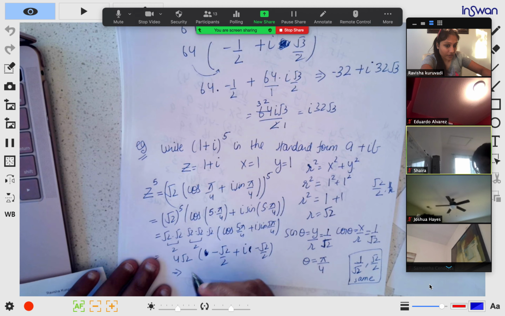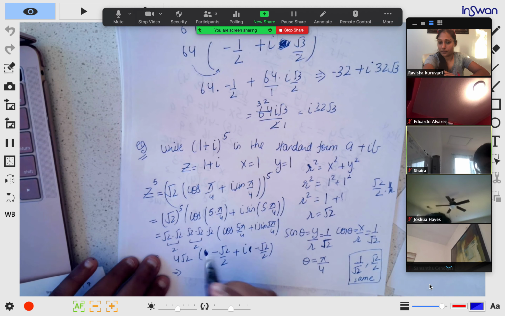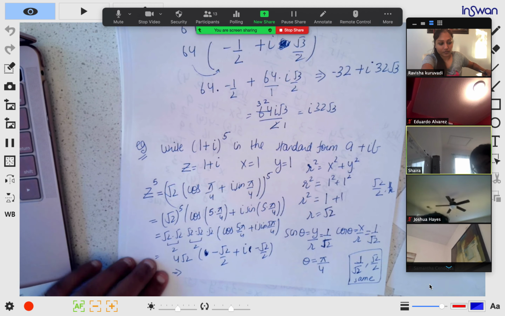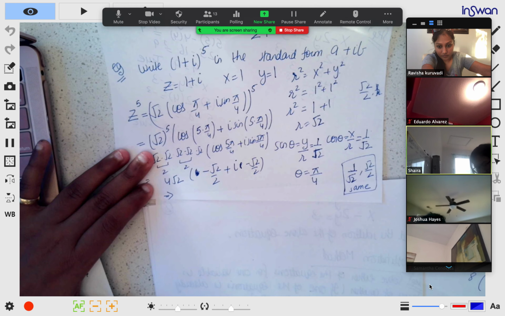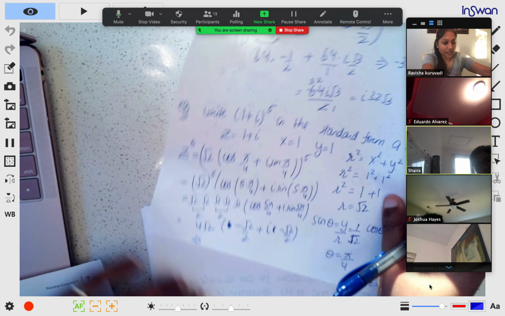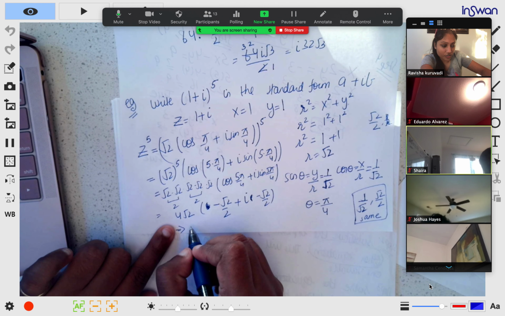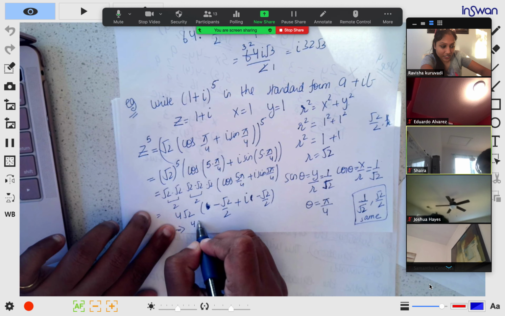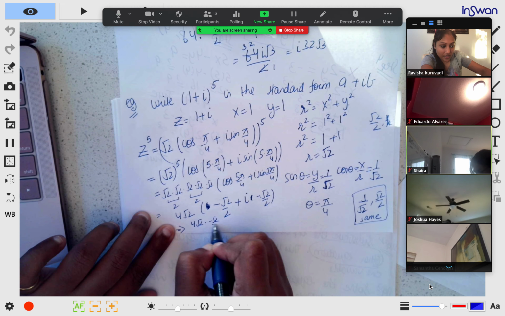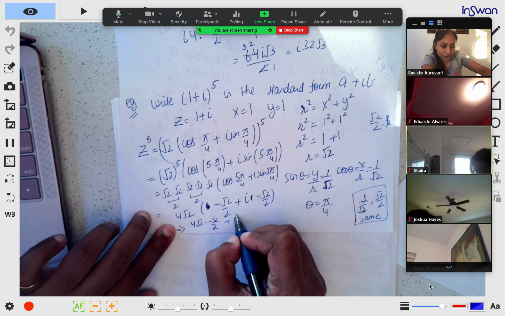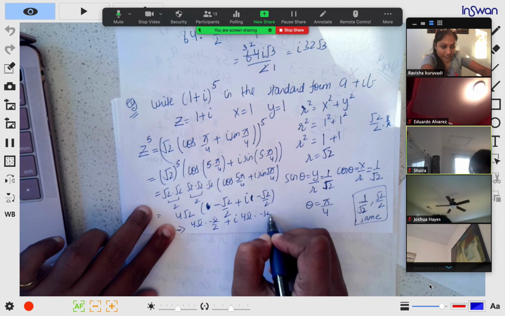Yes, I'm doing that right now. Is it negative 8 plus 4 root 2 i? So basically when you multiply, you get 4 root 2 times negative root 2 over 2, plus i times 4 root 2 times negative root 2 over 2.